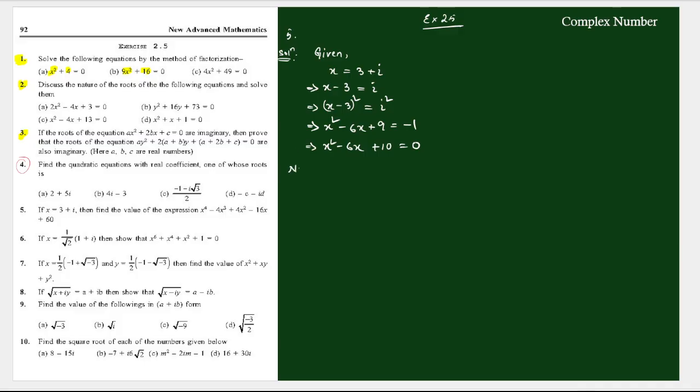So now x square minus 6x plus 10 we will divide. क्या है expression, x4 minus 4x cube, ठीक है, plus 4x square minus 16x plus 60.